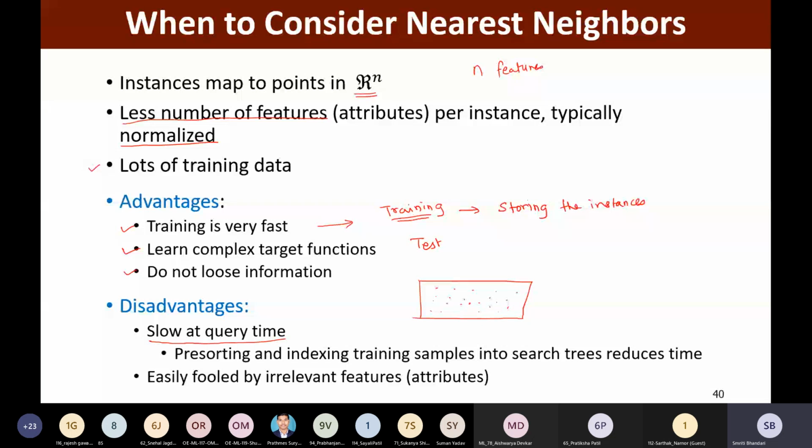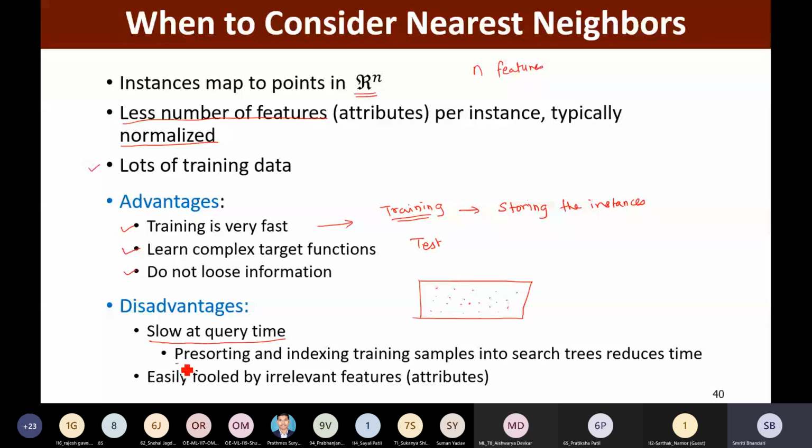So computation is much more at the time of querying or testing, and as the time required to compute all those distances and come up with k neighbors is much more, our algorithm becomes slow at query time.